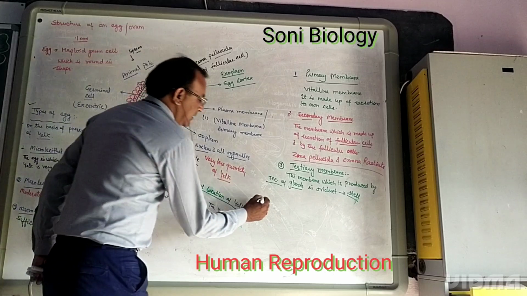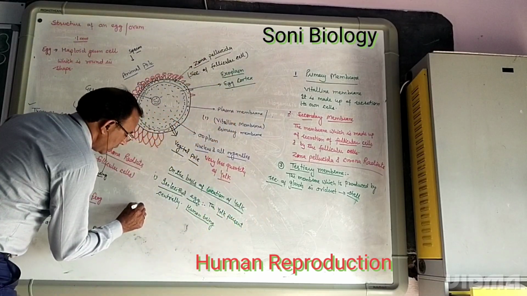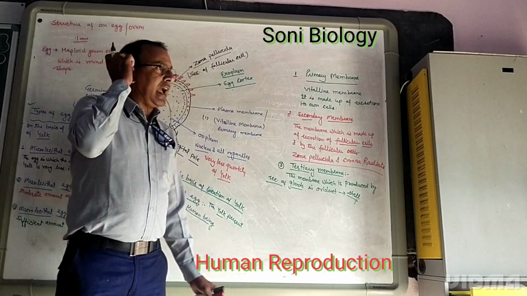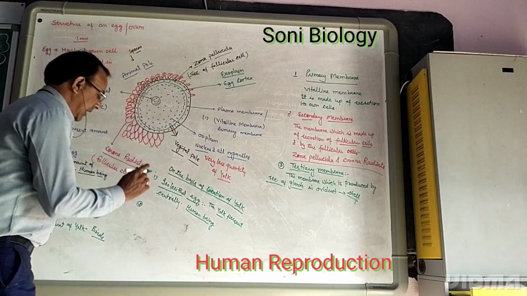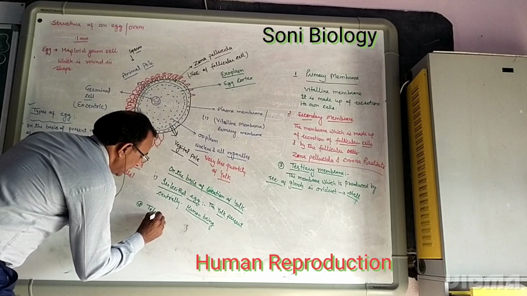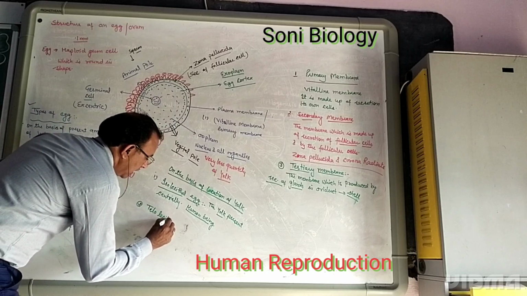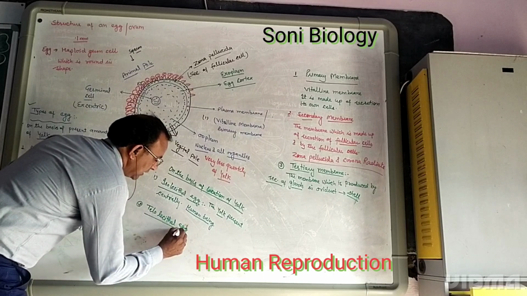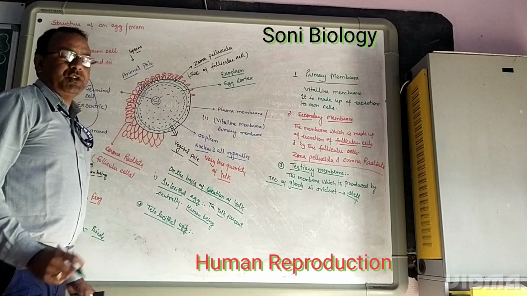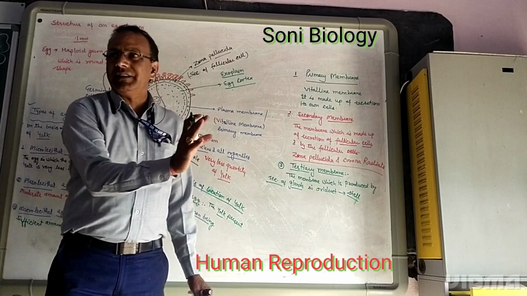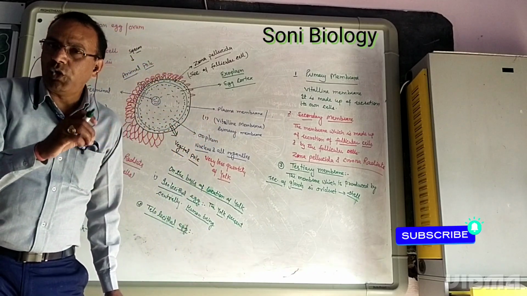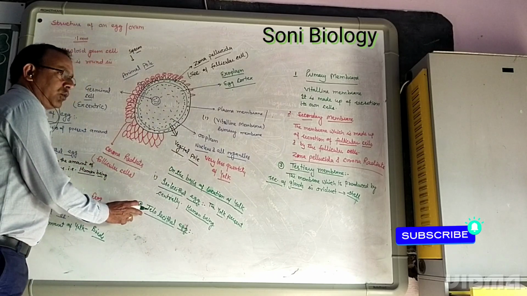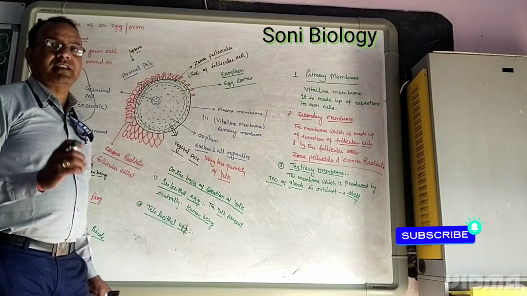And the second one is the telolecithal egg. In this type of egg, yolk is present at one side, not centrally. That is called a telolecithal egg, just like in hen.